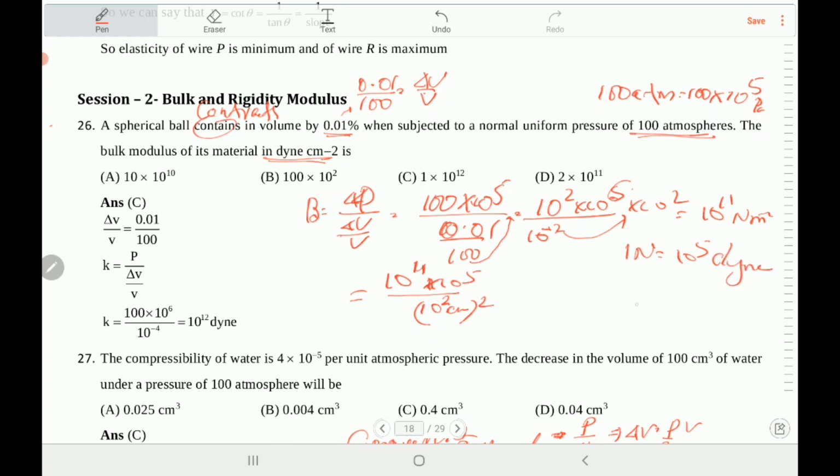Unit conversion, we learned this. And 1 meter is 10^2 centimeters. 2 twos are 4. So the power is 11, 10^5 divided by the denominator 4. Bring it to the numerator, minus 4. Minus 4 plus 5 plus 1 plus 1 plus 11 is 12. That is dyne per centimeter square. So we'll go with the option that is 1 × 10^12, option C.